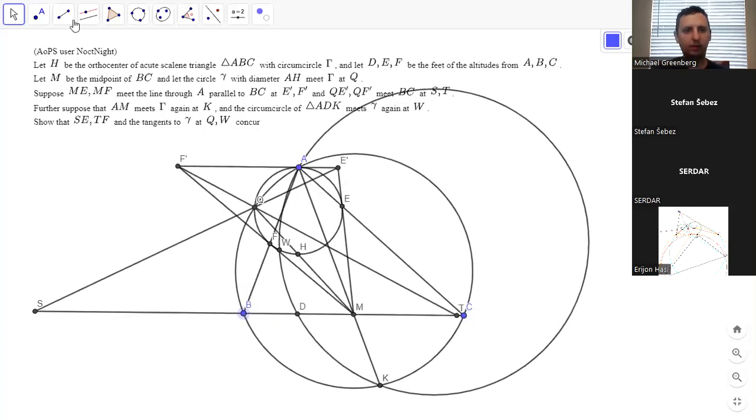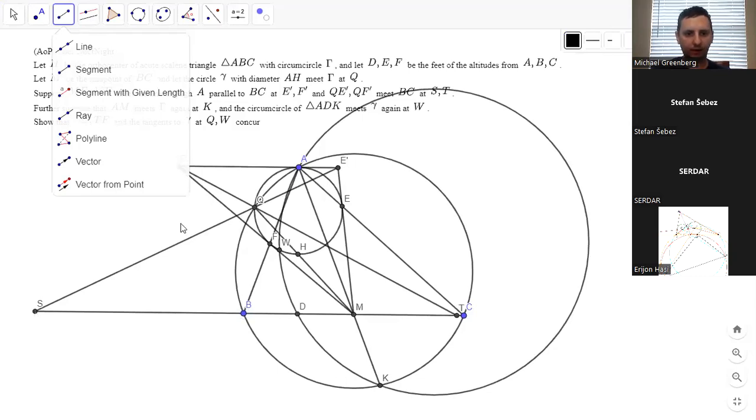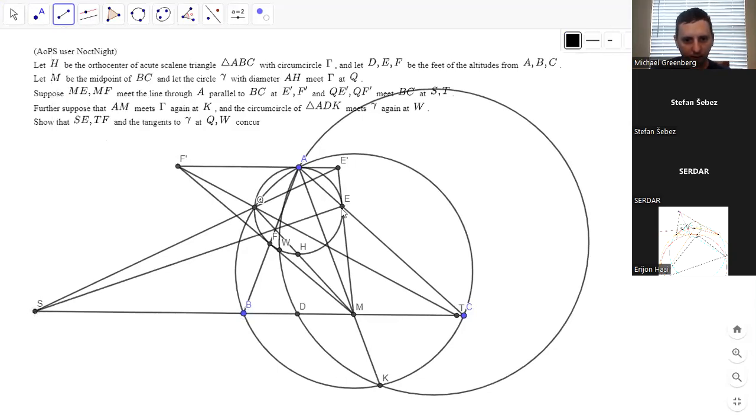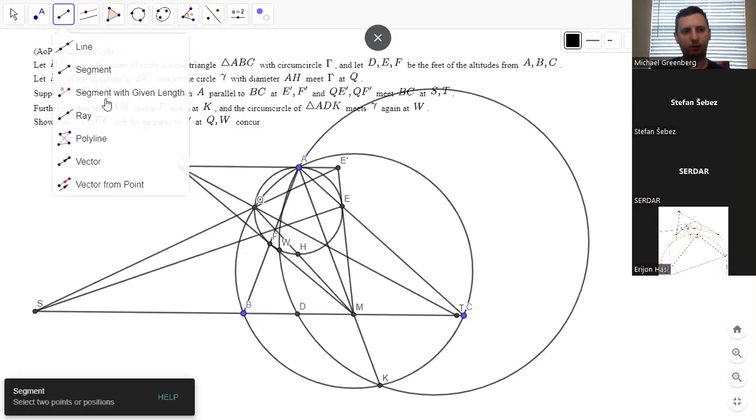SE, let me just see what it's saying to do. SE, TF. So TF intersects right there, and then the tangents at Q and W. So maybe let's let SE and TF intersect, and then basically we want to show that. I guess there's a couple different ways we could phrase it.